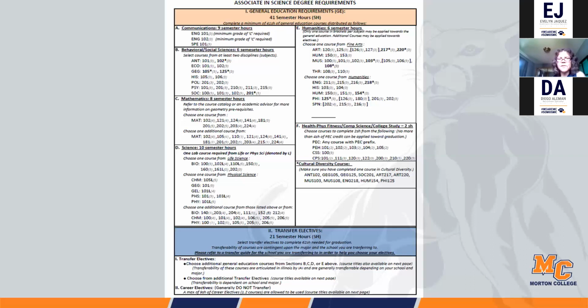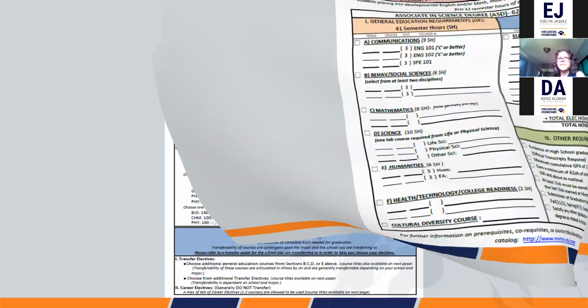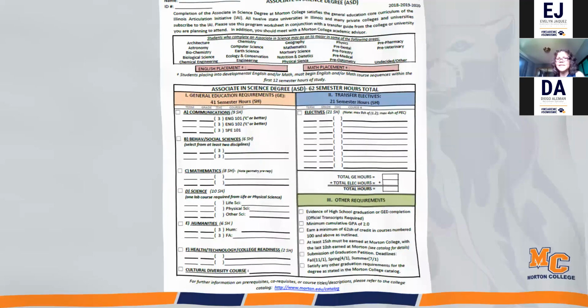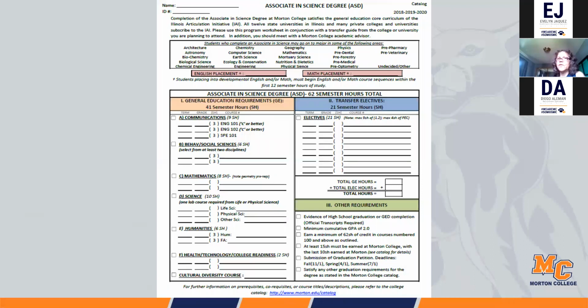So just in summary, the advantages of choosing the associate in science degree is that it's very flexible. If you change your major to another science-related career, then it would basically be the same classes. And all of these classes will transfer to any school in the state of Illinois.